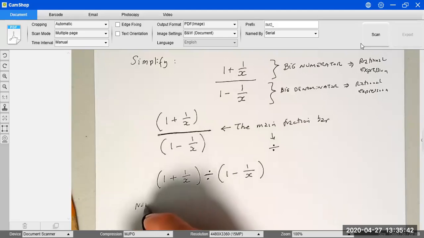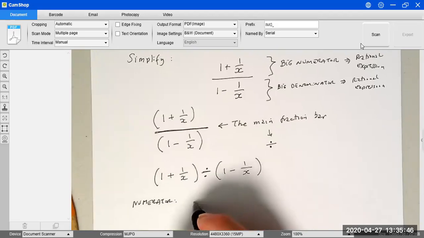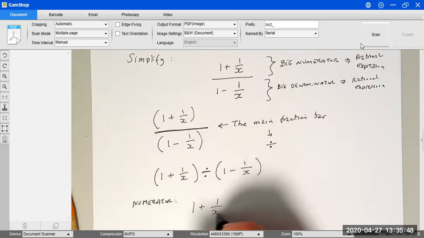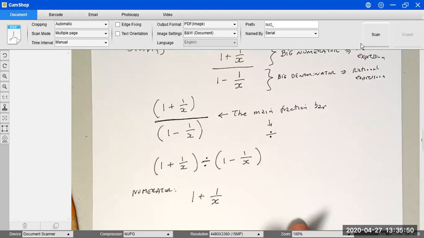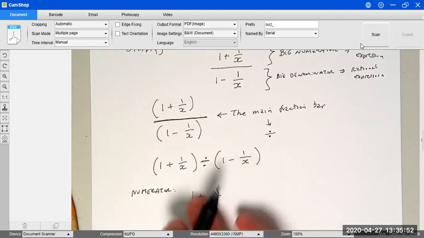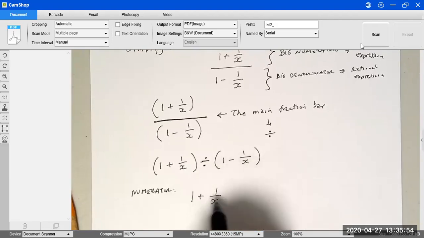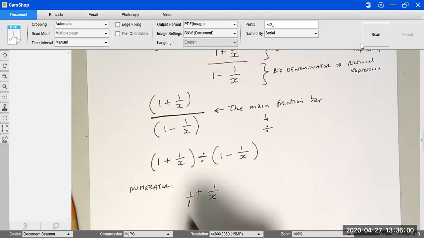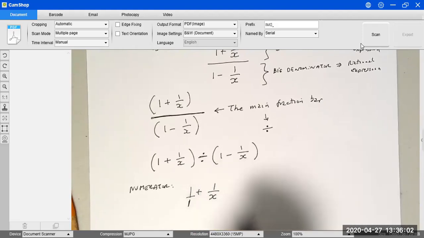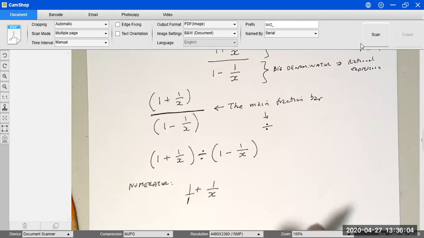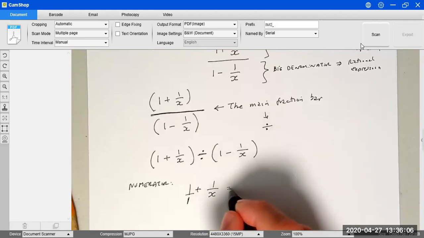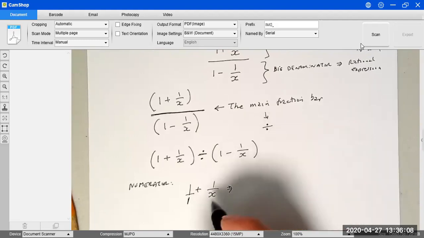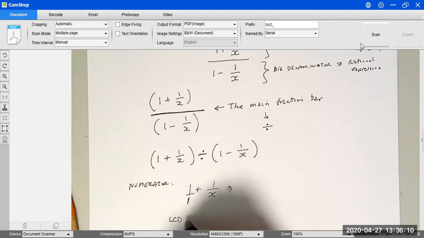The big numerator is just 1 plus 1 over x. So we need to work on this addition of two rational expressions. Remember, we need two fractions. So we're going to divide the first one by one, just to have now two fractions. Then we're going to add these two fractions. So we need the least common denominator.